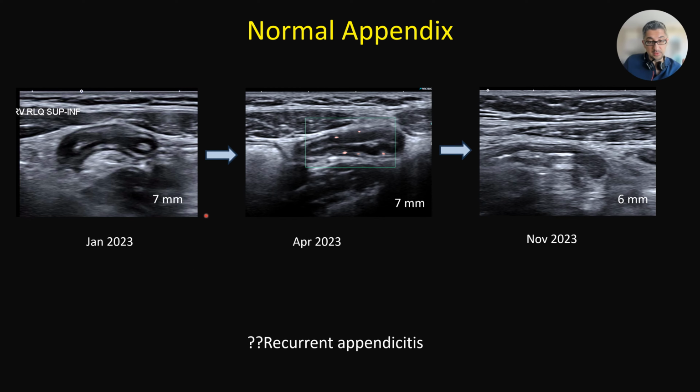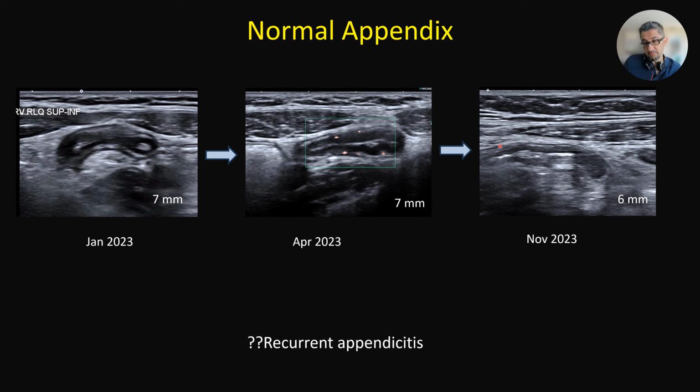actually the symptoms resolved, and we did a follow-up. On the follow-up, we saw similar findings, even further thickening of the inner layer. So there is still some lymphoid hyperplasia. The vascularity is more prominent, but still within normal limits. And there is no appendicolith or fluid collection, and the symptoms resolve.